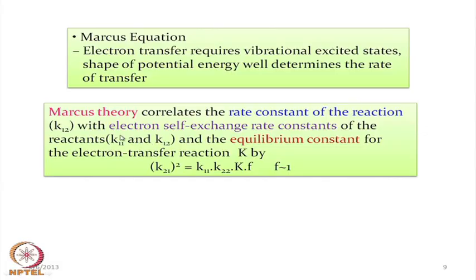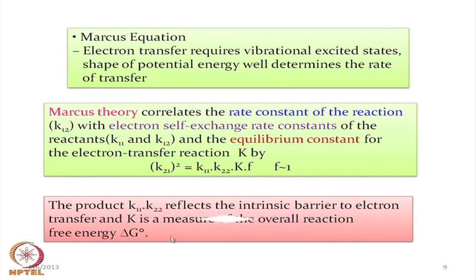K12 is determined by the electron self exchange rate constants of the reactants, K11 and K22, and the equilibrium constant for the electron transfer reaction, K. So, this K multiplied by K11 and K22 gives rise to K12, and the self exchange rate constant can be determined by knowing this equation.